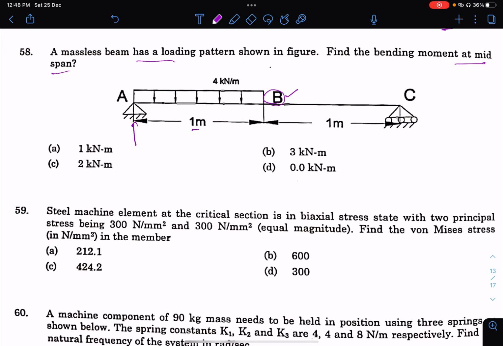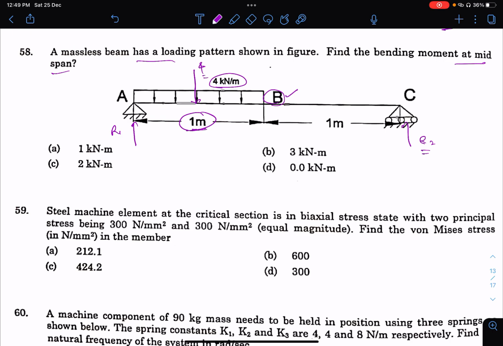The reaction here is R1 and here the reaction is R2. So the total load: the total length is 1 meter. So the total load acting at the midspan is 4.